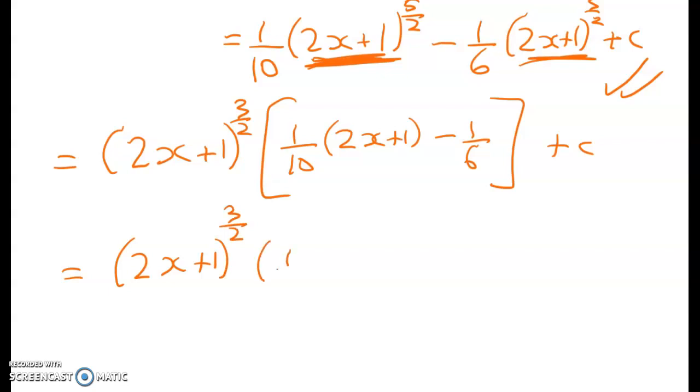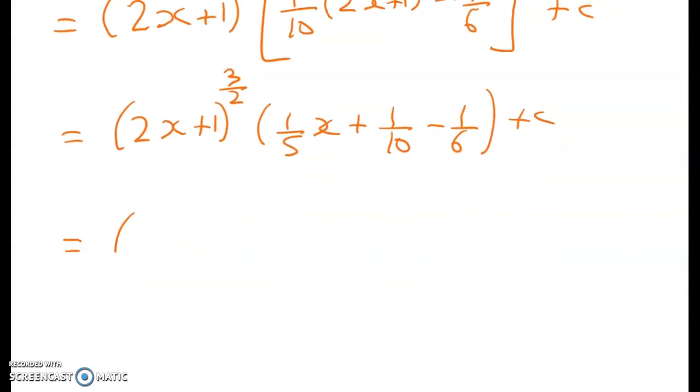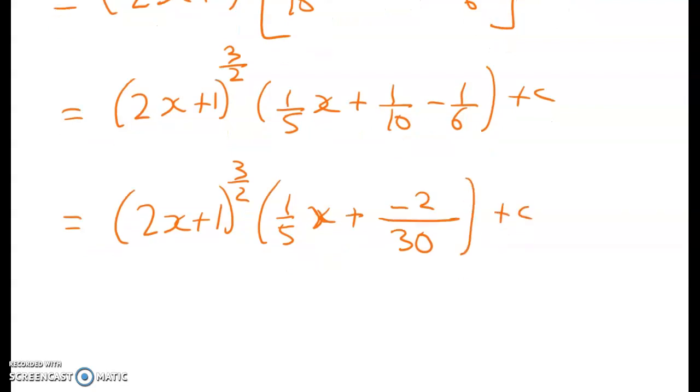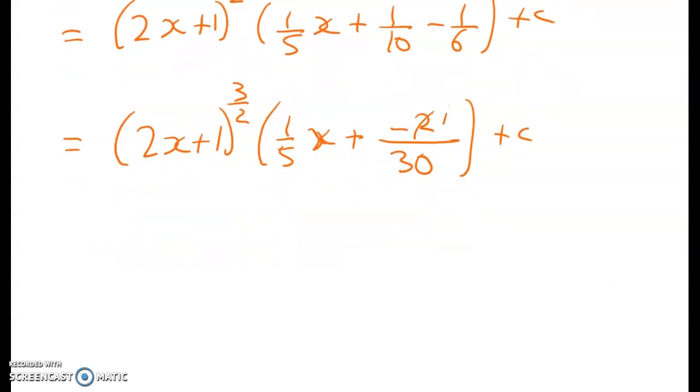So here we've got 1/5 x plus 1/10 minus 1/6 plus c, which gives me this, and I get 1/5 x plus, now 1/10 minus 1/6 is over 30, it's 3 minus 5, so it's negative 2 over 30 plus c, and this is 1/15. Now that looks really messy. We're going to clean that up some more. We're going to take out a constant here of 1/15.